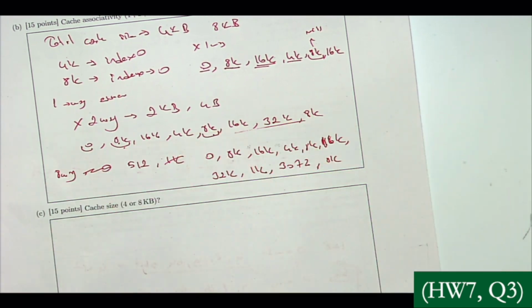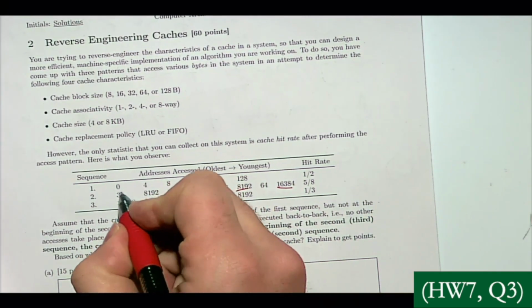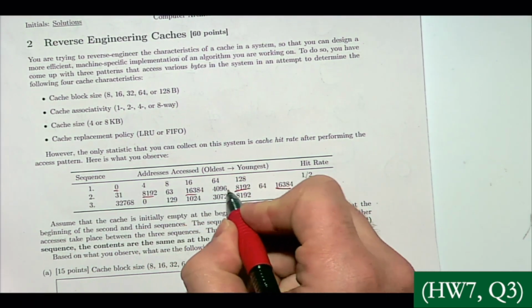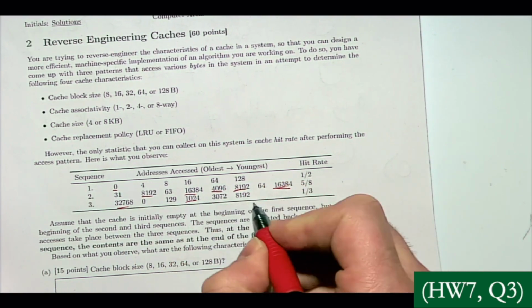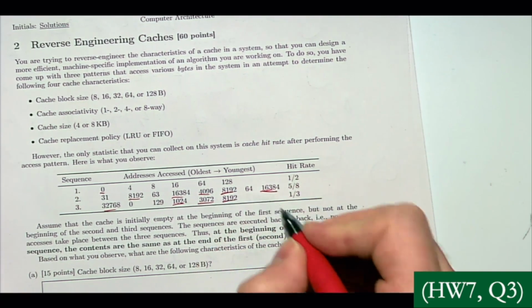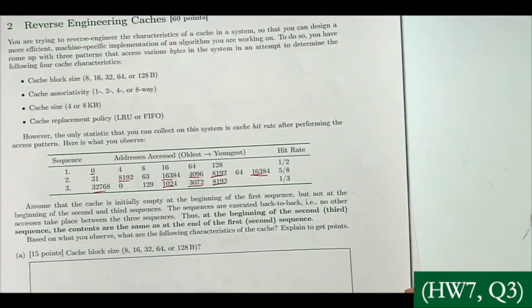So what I did was pick all the accesses in order: 0, 8K, 16K, 4K, 8K again, 16K, 32K, 1K, and this is also a multiple of 1024 and also 8K. So these are the accesses that will map to the same index in this order.